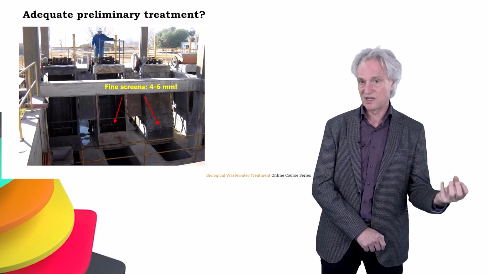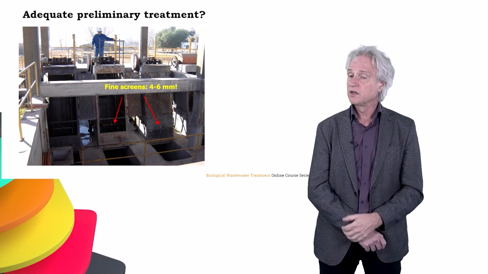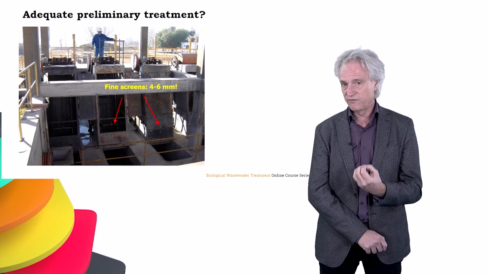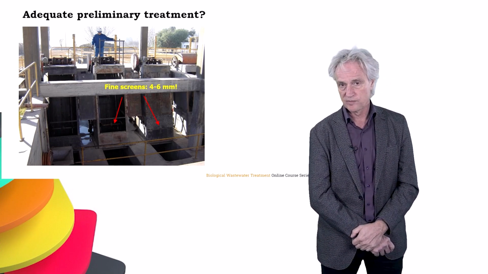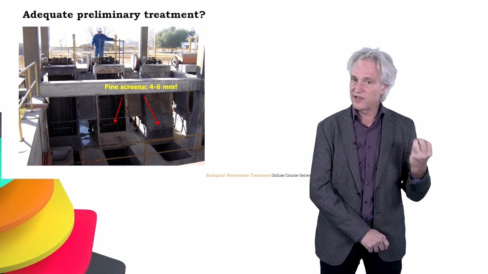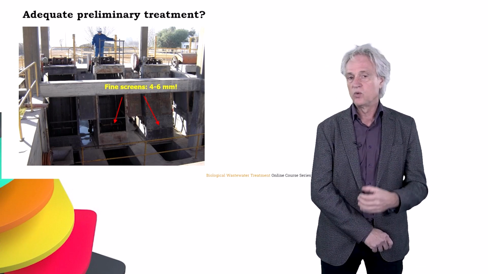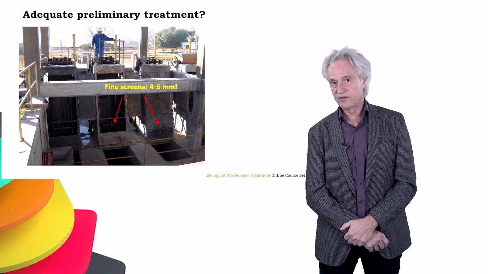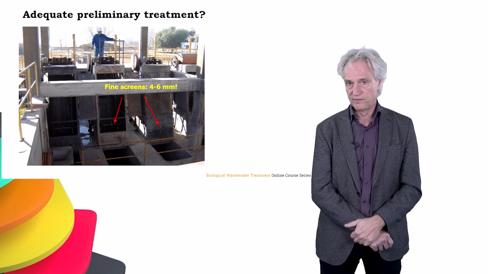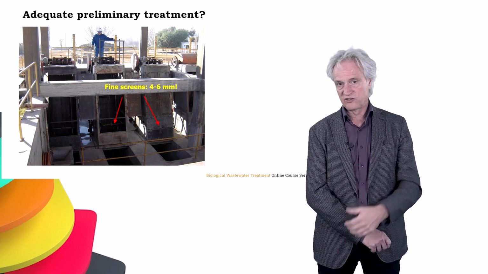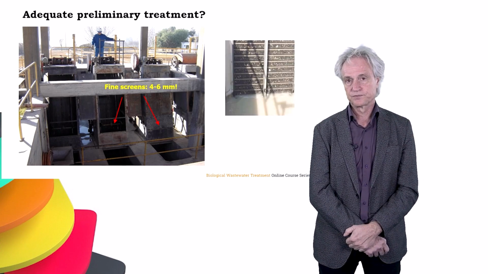The more debris is accumulating in the anaerobic reactor, the higher the chance that these influent pipes are getting clogged. So with the application of fine screens at the beginning of your sewage treatment line, we prevent this clogging, and the debris is taken out mechanically by an automated screen as shown in this example.